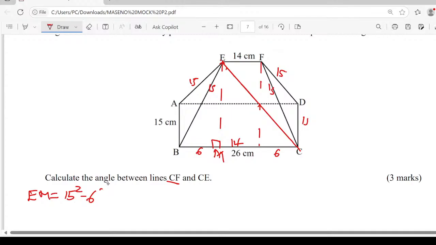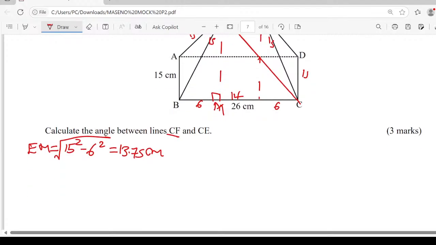When you do that subtraction, 15 squared minus 6 squared, then the root of it, you get 13.75 centimeters.